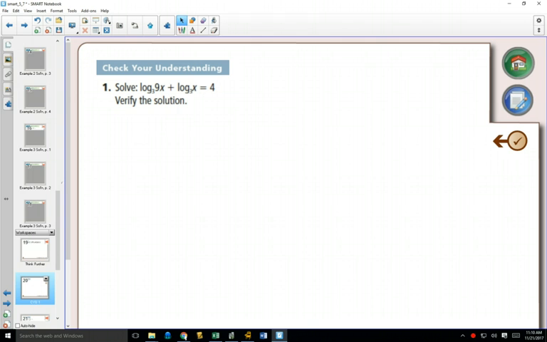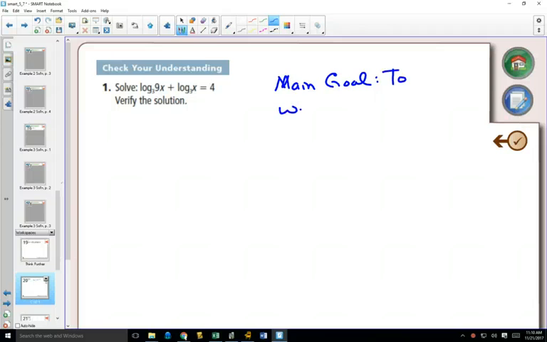In fact, your main goal is to write it as a single logarithm.